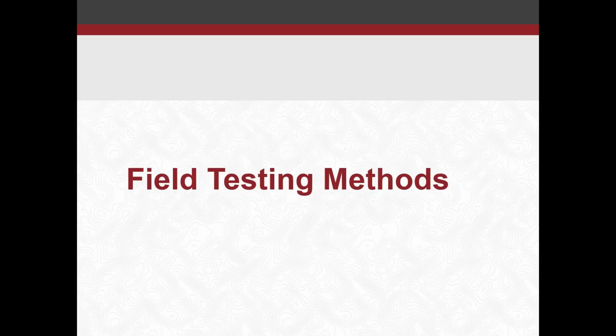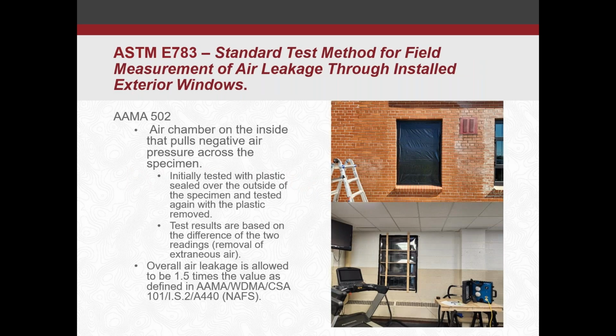We'll get into the field testing methods now. First one is E783, which is a standard test method for field measurement of air leakage through installed exterior windows. For AMA 502, we have an example here of a test that we performed on a window unit. How this is done is basically you have an air chamber on the inside.